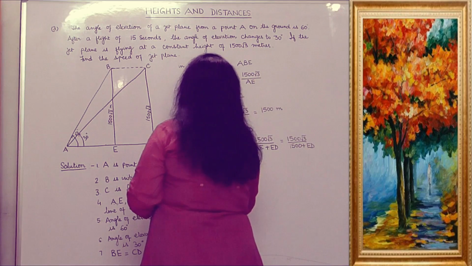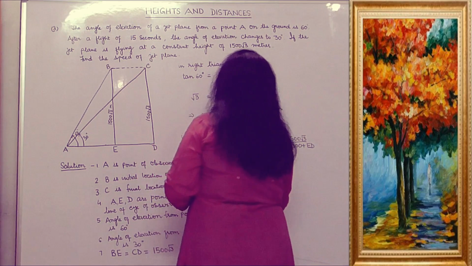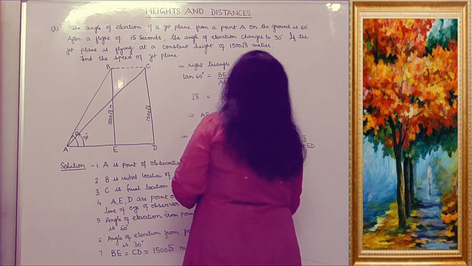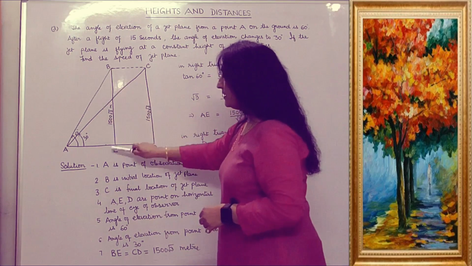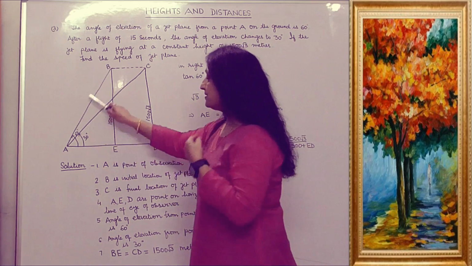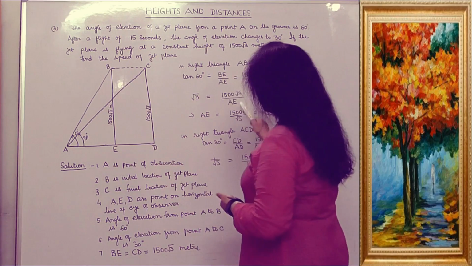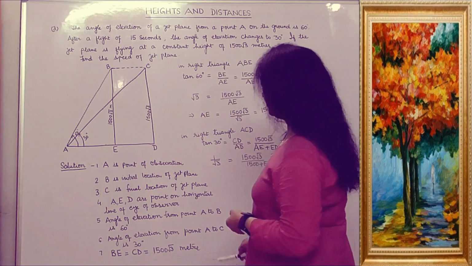Value of tan 30 is 1 upon root 3, which is equal to 1500 root 3 upon 1500 plus ED. First of all, we consider right triangle ABE. Tan 60 degrees is equal to BE upon AE. After solving, we got the value of AE is equal to 1500.